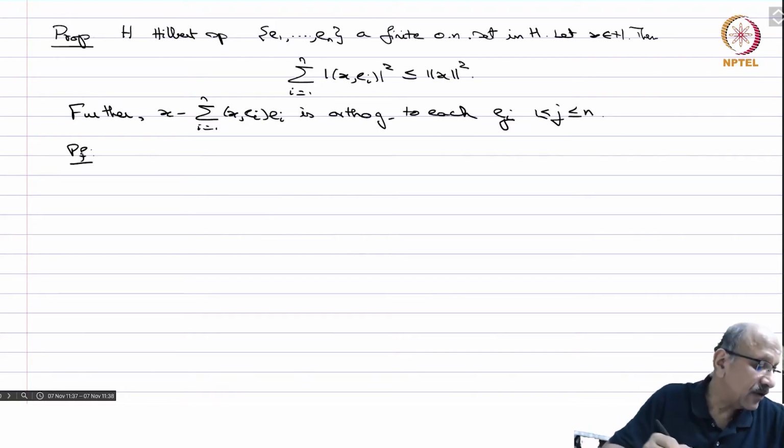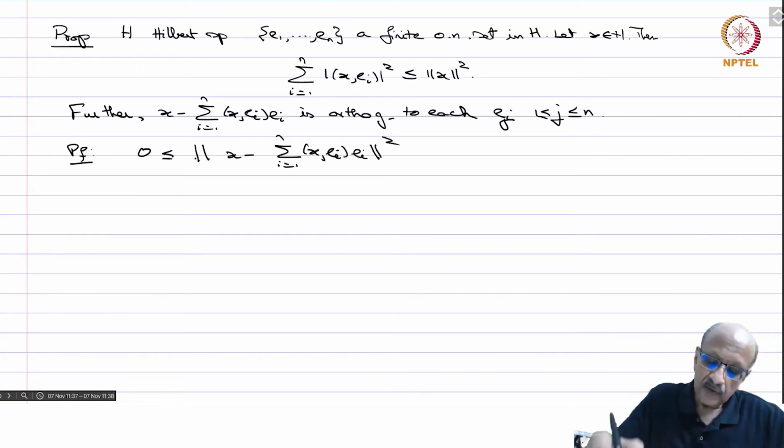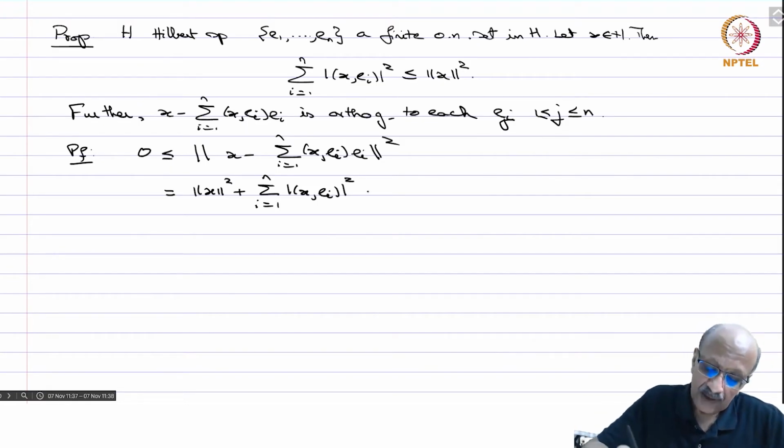This is fairly straightforward. So you have that 0 is less than or equal to norm of x minus the sum from i equals 1 to n of <x, e_i> e_i whole square. So let us develop this. So this is equal to norm x square plus the sum from i equals 1 to n of mod <x, e_i> square, norm e_i square, that is 1, then minus 2 times the sum from i equals 1 to n.